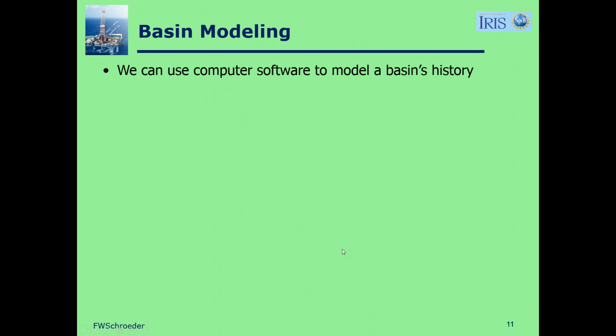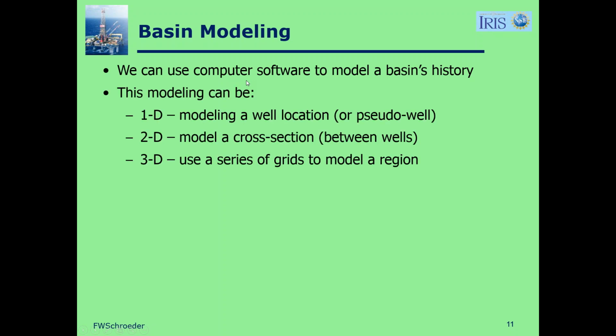So we can use basin modeling. We can use several different types of software that's available from different vendors. Some companies have their own internal basin modeling software, and we use this to try to understand the geological history of the area. This basin modeling can be one-dimensional, so we can look at a well location, or maybe what's called a pseudo-well location.